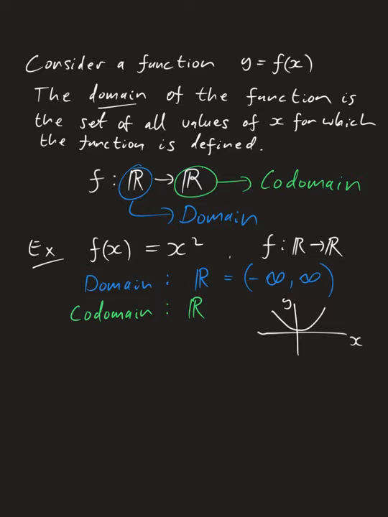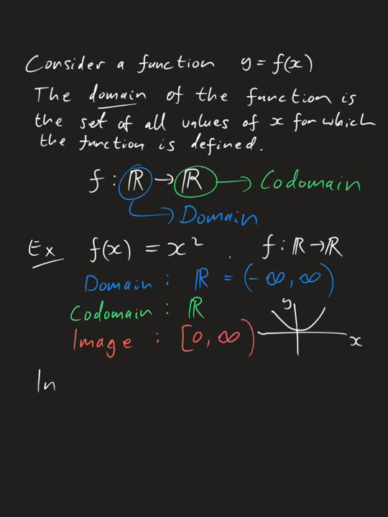So the name that we give to all of the values that y actually takes is called the image of the domain under that function. In this case, the image is all of the positive real numbers, or non-negative real numbers actually, because 0 is included.